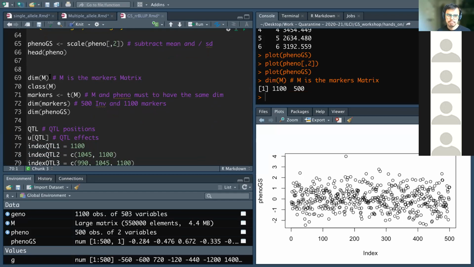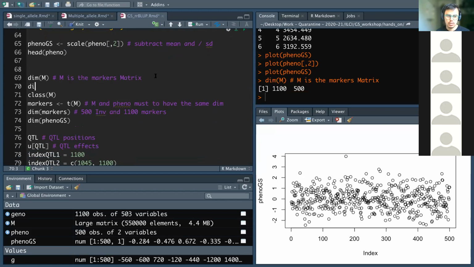So when we produce the molecular markers, we set 1,000 rows and 500 columns, but the phenotype has a different scale, a different dimension. So dim is just a function to identify the dimensions of the data sets.